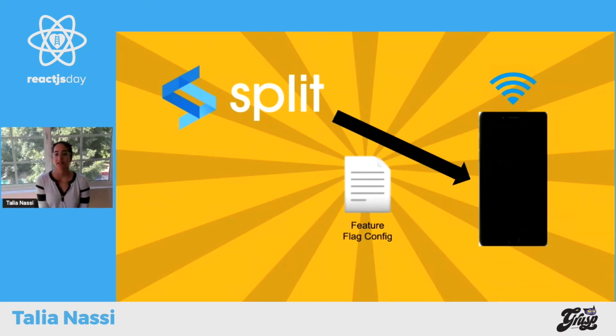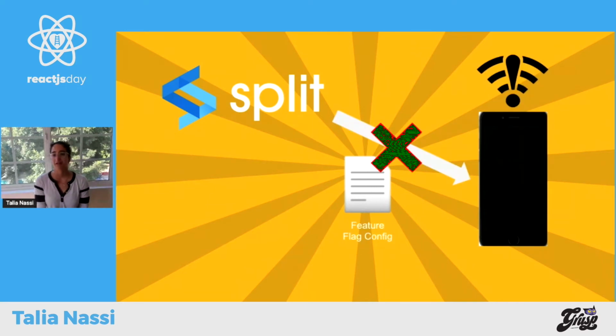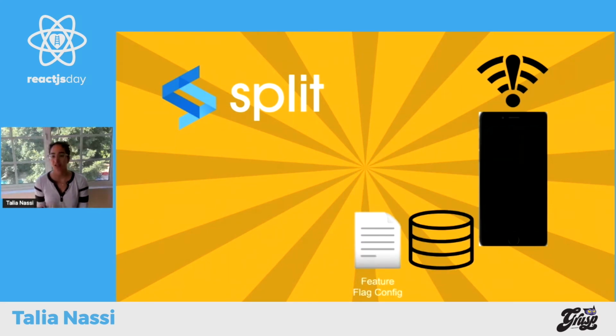So basically, they need a way to get the feature flag configuration from the feature flag system to the phone. And then if there's no connection and you can't connect to the feature flagging system, then you look at the cache. And by automatically caching feature flags and pulling updates for those flags every 15 minutes, your newest changes are going to be reflected to your users.